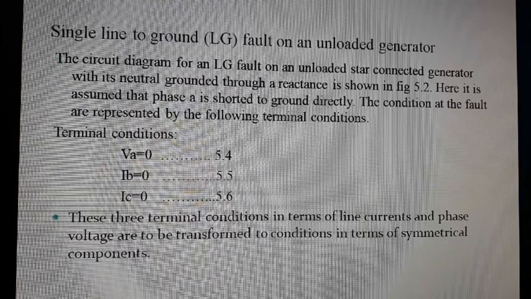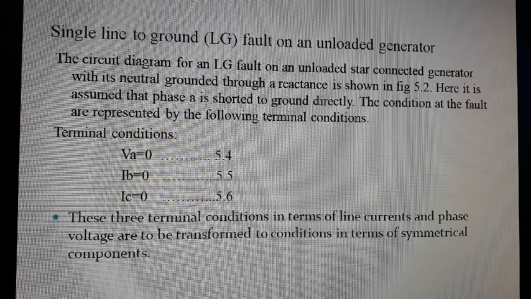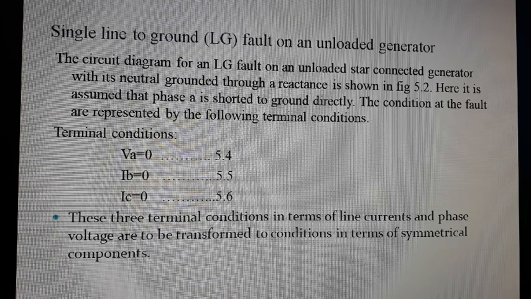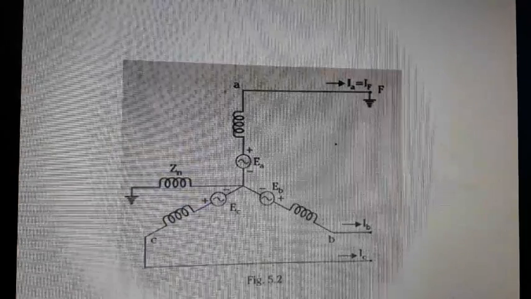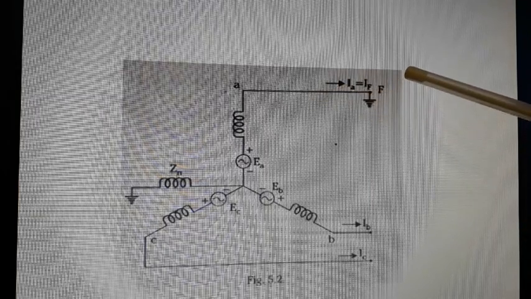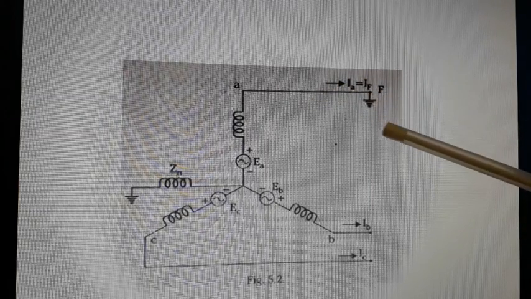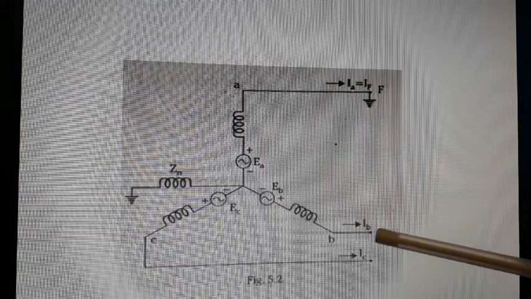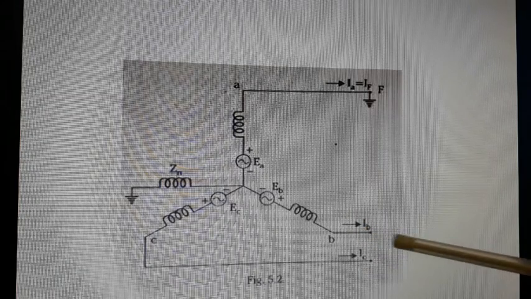First let us discuss the single line to ground fault, that is the LG fault on an unloaded generator. The circuit diagram for a single line to ground fault is shown in this figure. Assume that phase A is grounded here, one of the lines is grounded, and the other two lines carry IB and IC.